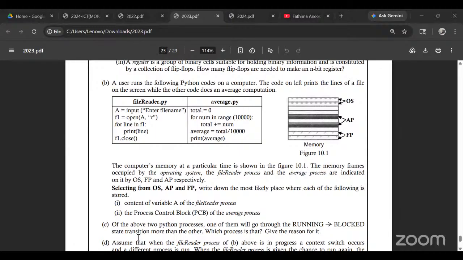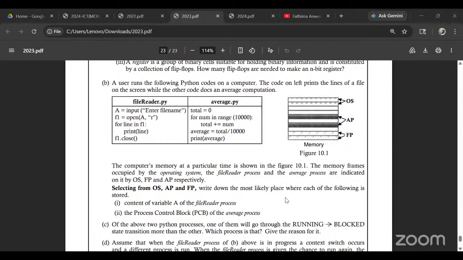Content of variable A of the file reader process will be stored in FP itself, the file reader process. This is stored within the process's own memory space. Simple, right? I don't have to explain that in depth.